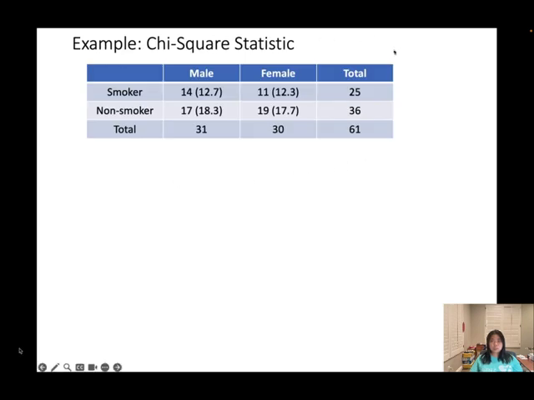We're gonna use the previous example here. We have gender and smoker, and we already found the expected frequency. So now let's plug into this formula. Like the first one here, the O will be 14, the observed frequency, minus the expected frequency, take the square, divided by the expected frequency.